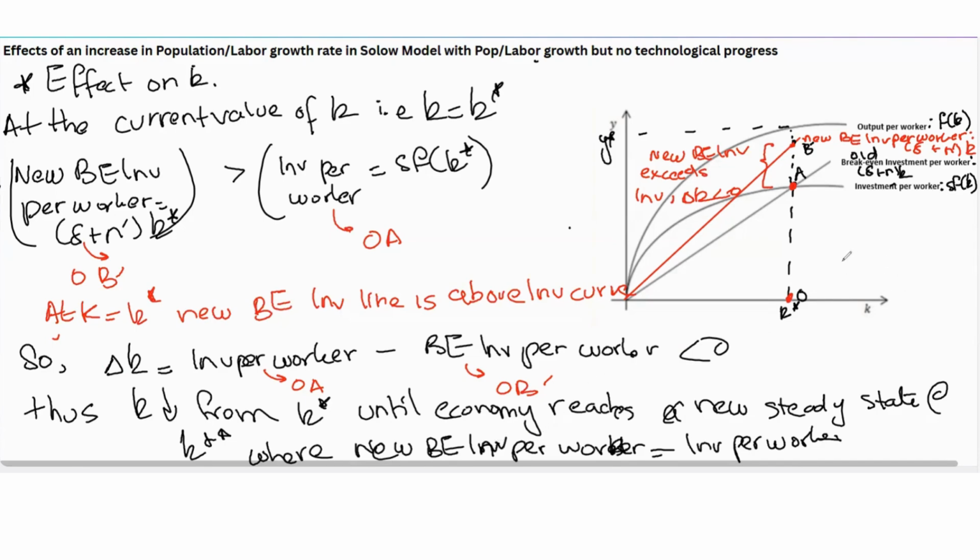This is going to be this point over here, where the new break-even investment per worker line and the investment per worker curve intersect.